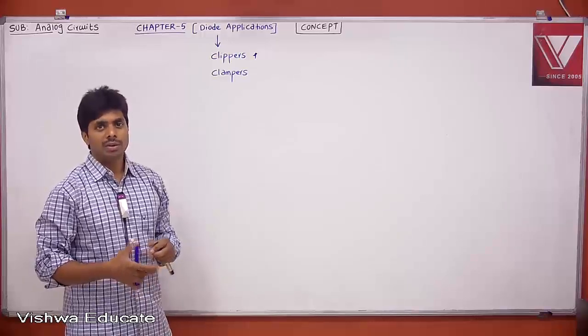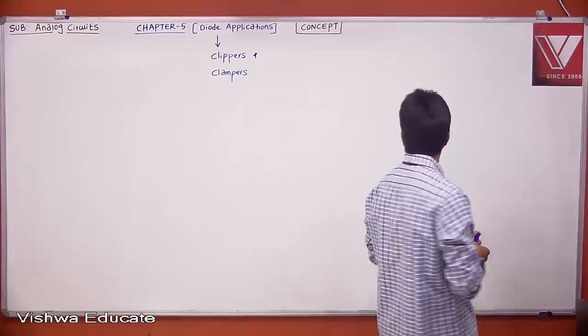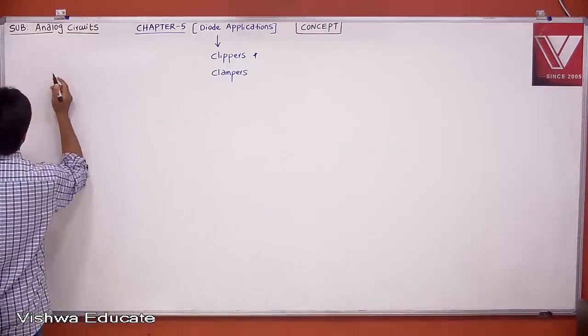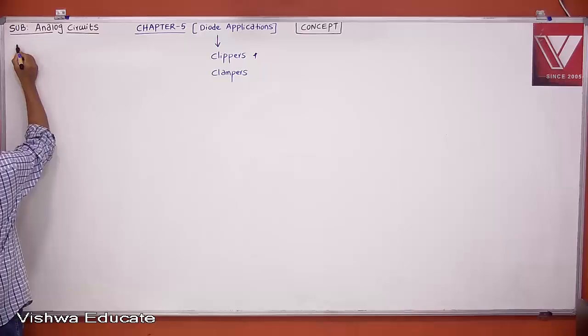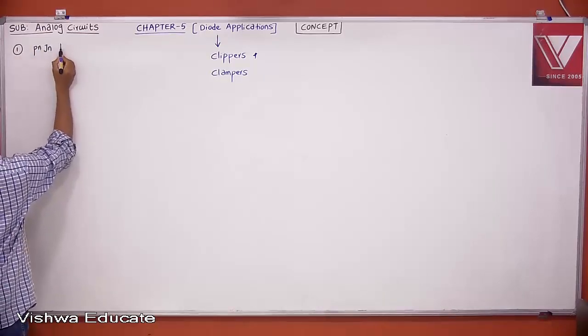Now write down diode approximations: PN junction diode approximations.